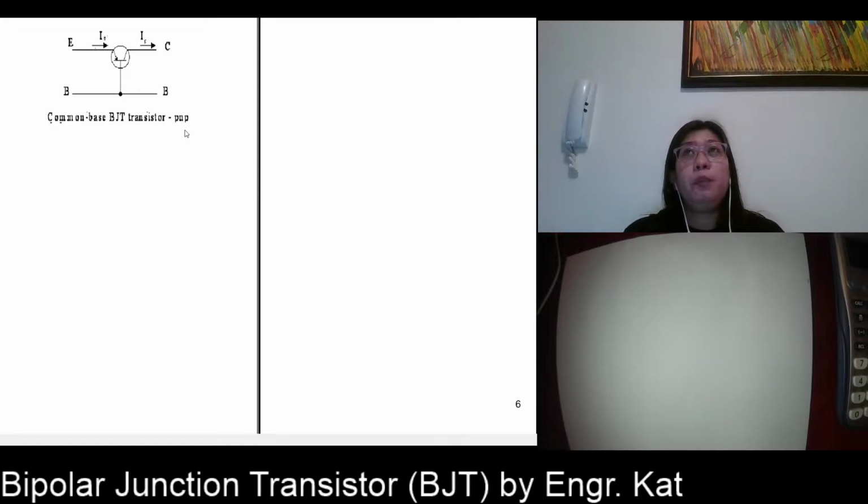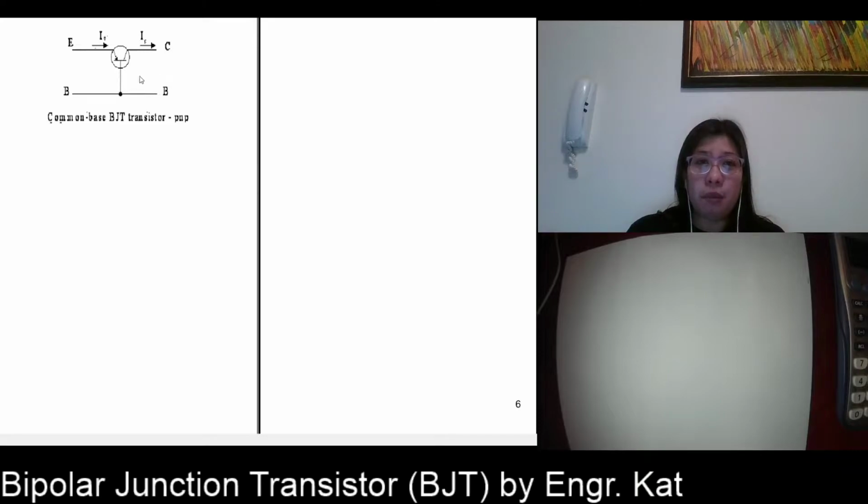If we will be using an NPN configuration, all we have to do is just reverse the direction of this current. Okay, so this is a PNP transistor. By looking at the symbol, your arrow symbol is pointing in, and wherever your arrow is, that is your emitter, and the other terminal is your collector.